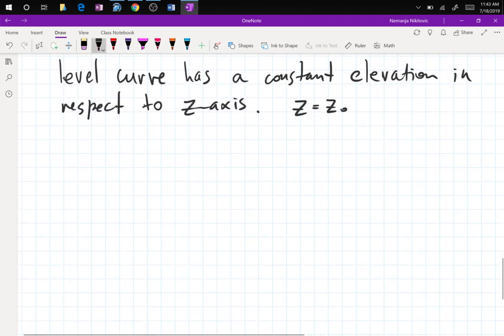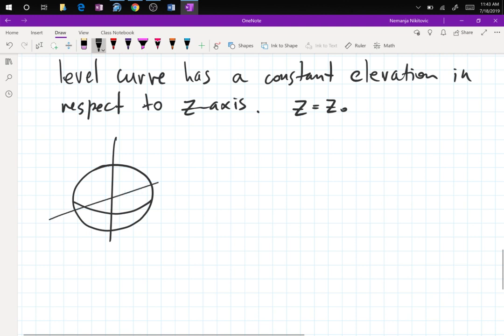So if I am to draw, let's say, a ball over here, sitting in this three-dimensional x, y, z space, I can come up with level curves on this ball.